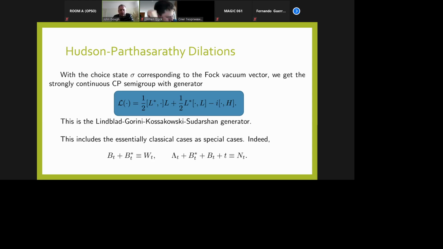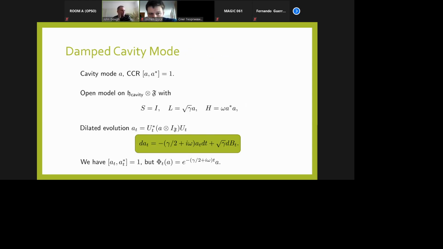Maybe just to emphasize this point a little bit, we can look at a damped cavity mode. So this is just a harmonic oscillator. I will take A to be the annihilator, and of course we have the canonical commutation relations, the commutator of A and A star equals 1.